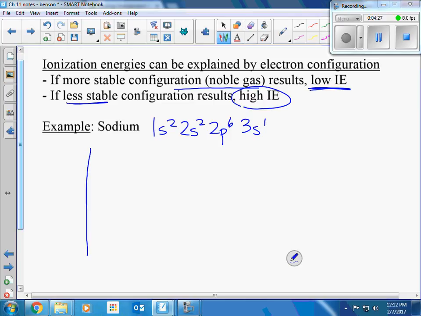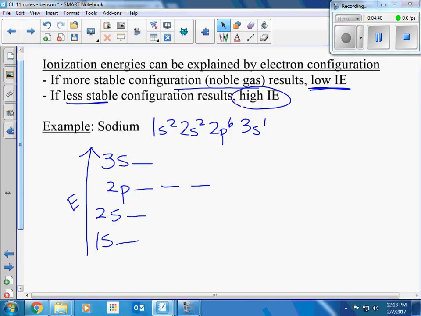If I draw its orbital diagram, and this is increasing energy, I have 1s, 2s, 2p, and 3s. Then go ahead and put in all the electrons. 1s2, 1 spinning up, 1 spinning down, 2s2, 2p6, 1 in each orbital first, come back and fill, and 3s1. So we have that one lone electron sitting up there in that energy level.